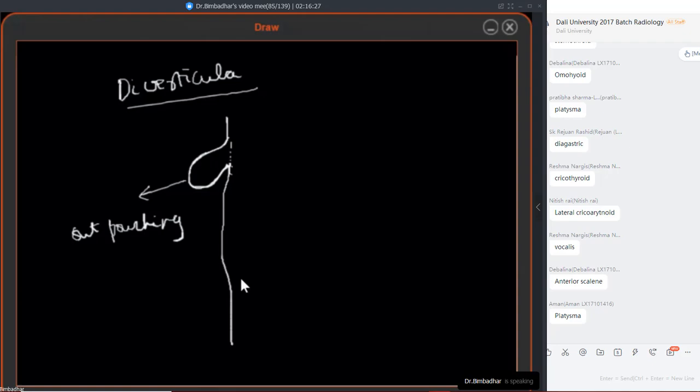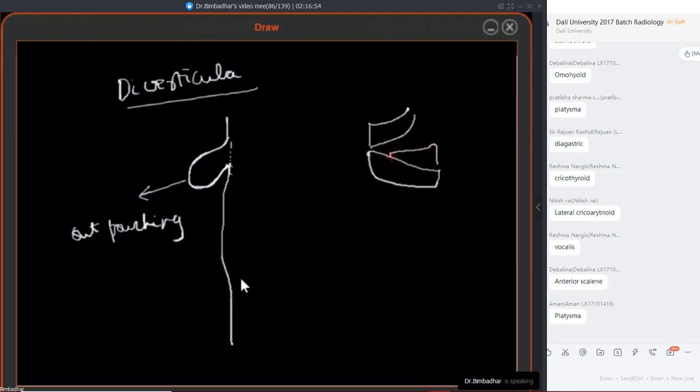Now, what exactly is this problem? Why do we have a diverticulum? It is something like this. You know the muscles, okay, there are three muscles along the esophagus. This is the inferior pharyngeal constrictor, then the thyropharyngeus muscle and the cricopharyngeus muscle.